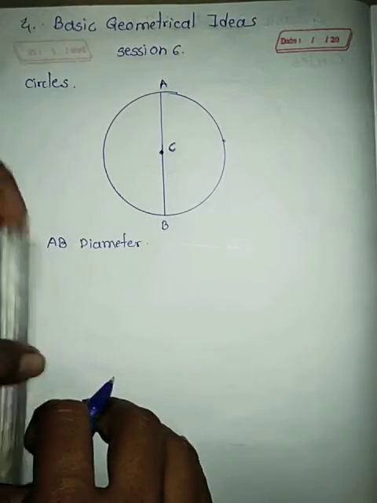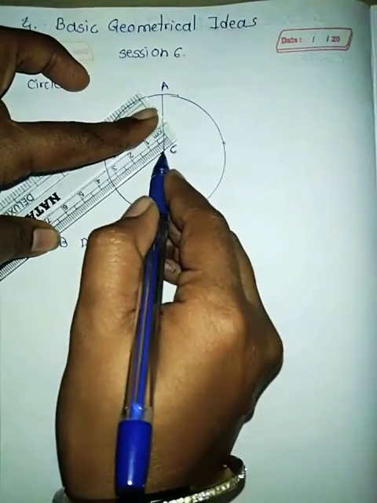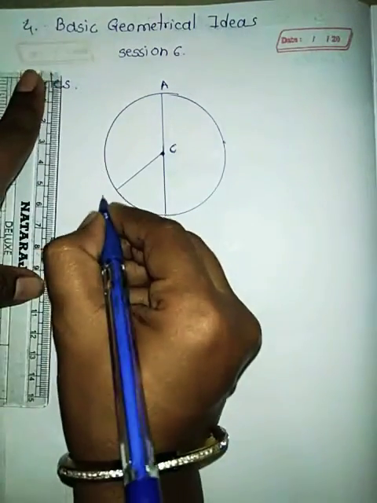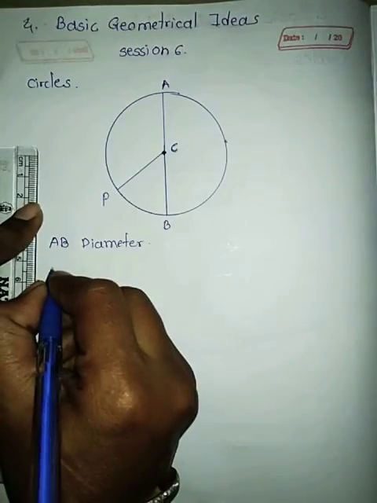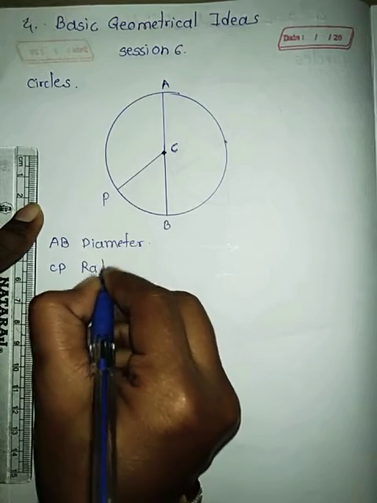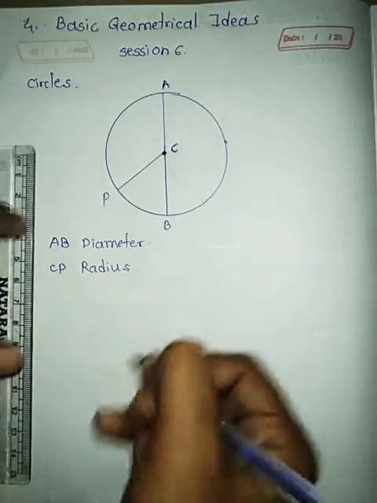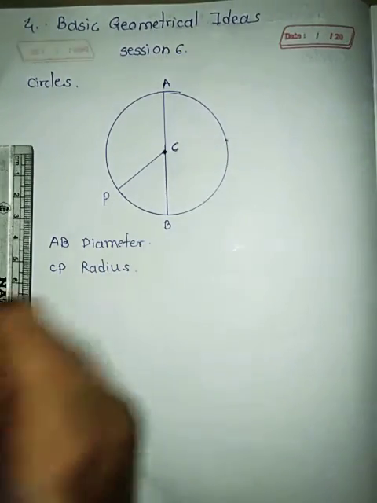Now when I draw a line from C to, suppose, this is P, then this CP is the radius of the circle. This line CP is the radius of the circle.